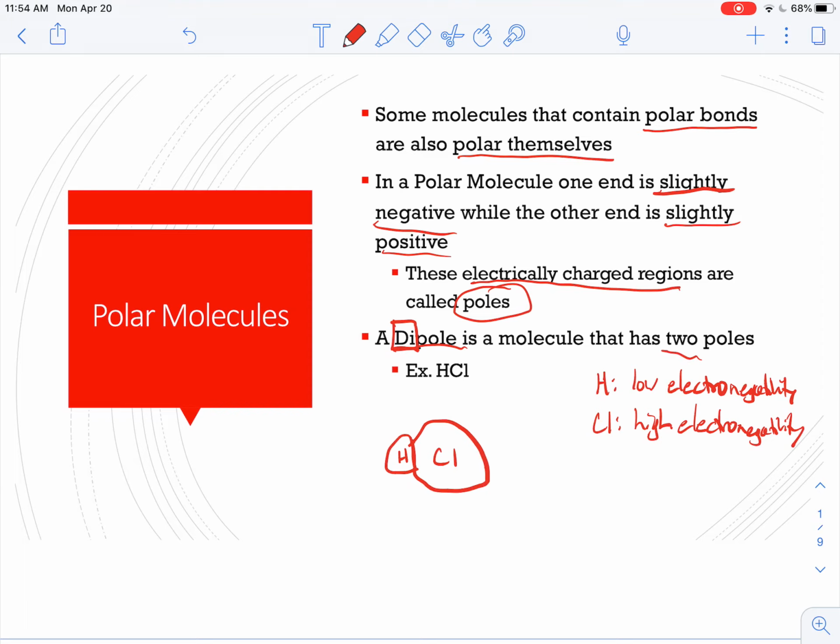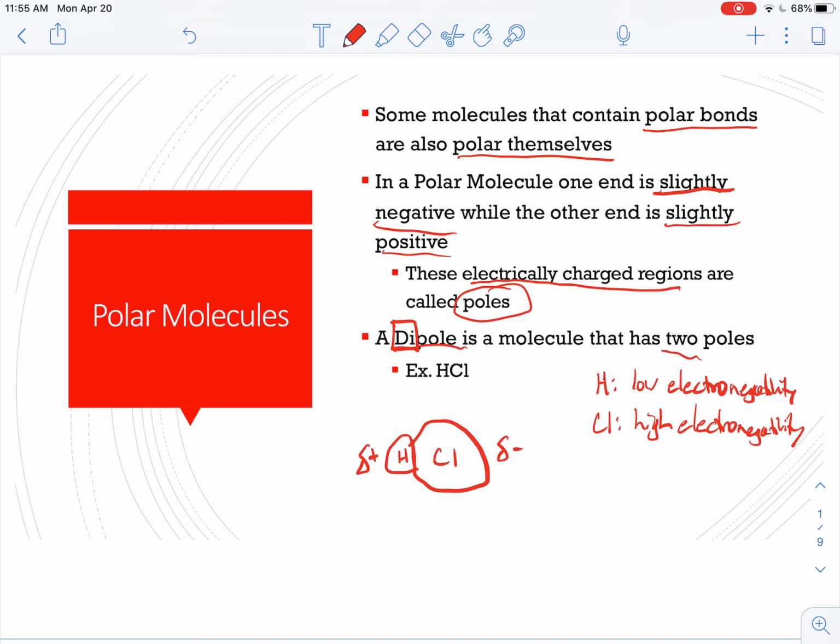But due to the low electronegativity of our hydrogen, it is going to have an overall positive charge because its electron is taken from it and moved closer to our chlorine. And because chlorine is highly electronegative, it's going to want to bring the electrons closer to itself. It's going to have this partial negative charge. So the molecule itself, hydrogen chloride, is going to be polar.